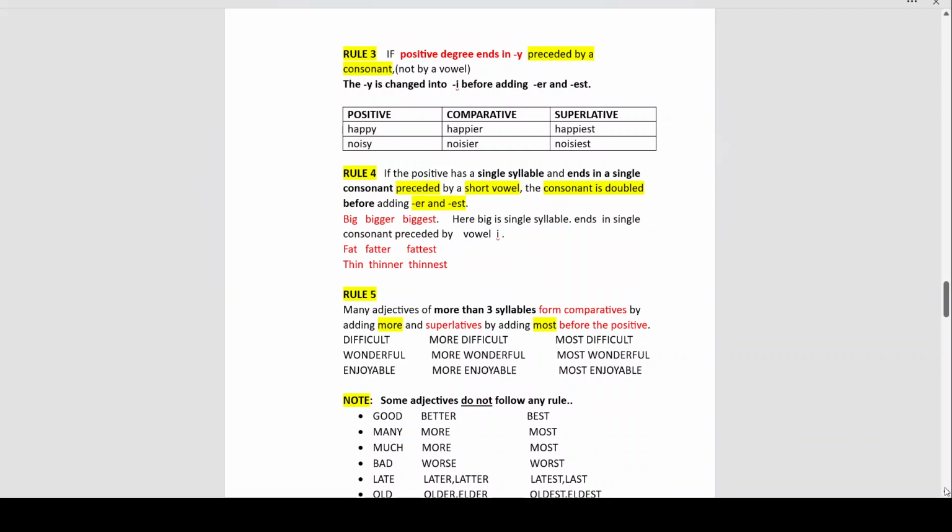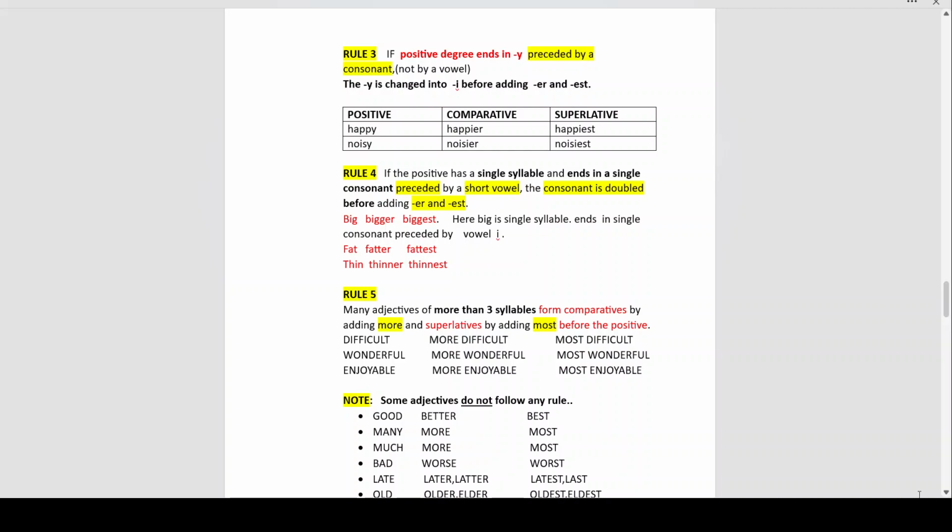And thin again is a single syllable, ending with the consonant N and preceded, preceded means before N, there is a vowel I. So what happens to the N in thin? It becomes double. So THIN becomes THINN, and in comparative it becomes THINNER, and in superlative it becomes THINNEST. I hope it is very clear to you, students.